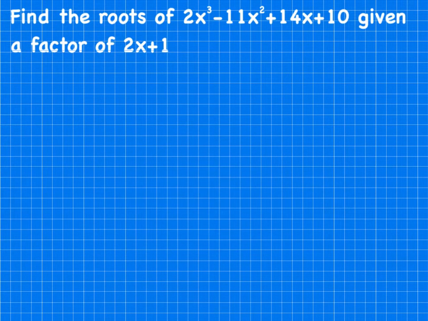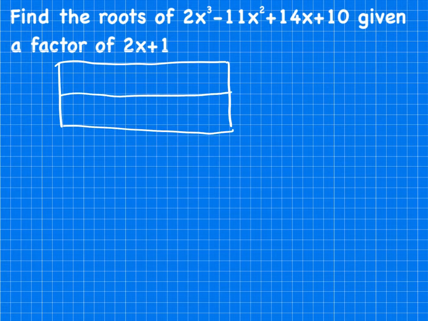So, this last one, if you're not interested in getting highly proficient, I wouldn't mess with it, but if you are, you should do it. You want to start by using a box to factor out the 2x plus 1.